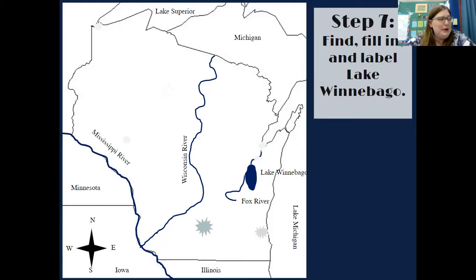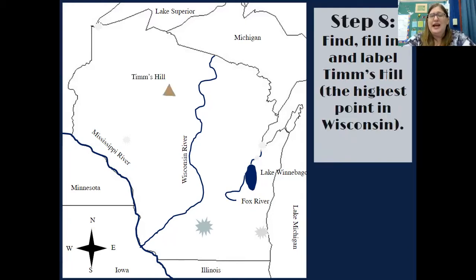The next thing that we're going to talk about is the highest peak in Wisconsin. So I want you to take your brown colored pencil, if you have your brown colored pencil, and you're going to label Timms Hill. Timms Hill is the highest natural point in Wisconsin.